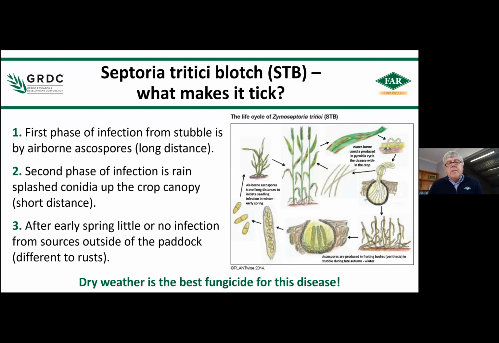But broadly speaking, this is a stubble-borne disease where we have that first phase of spore release, the ascospores from the stubble, that happens in that autumn period with spores that can travel long distances.